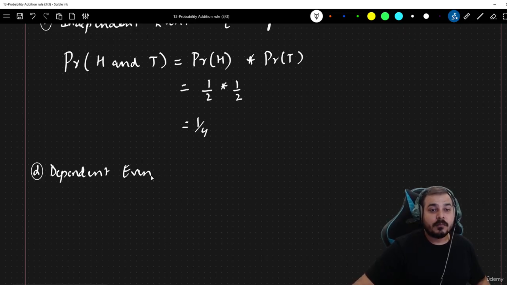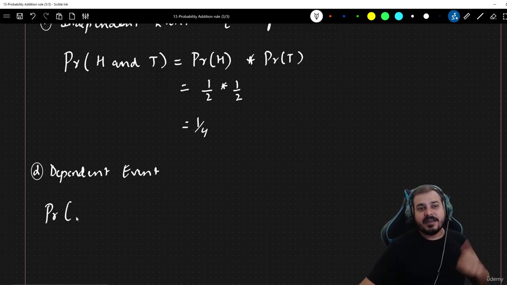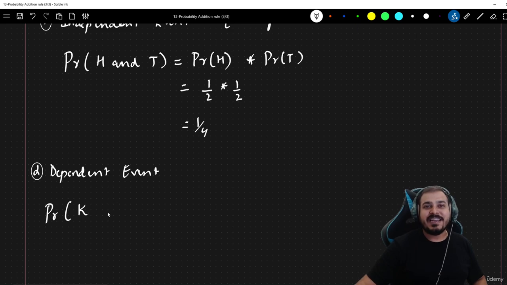Dependent event. Now suppose I am given a task: what is the probability when I take out a card from the deck of first of all getting a K, and then if I take out one more card, the probability of taking out a Q, that is the Queen card?